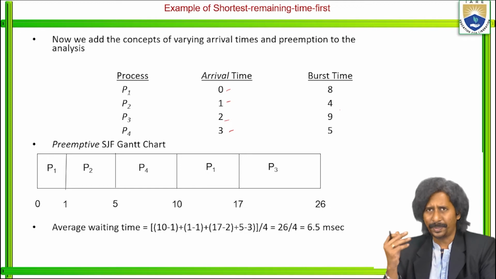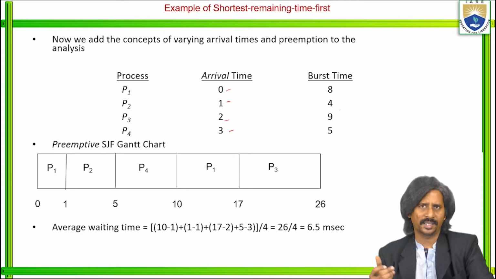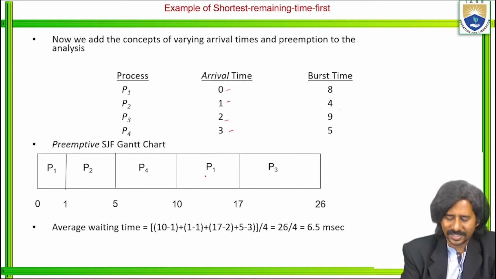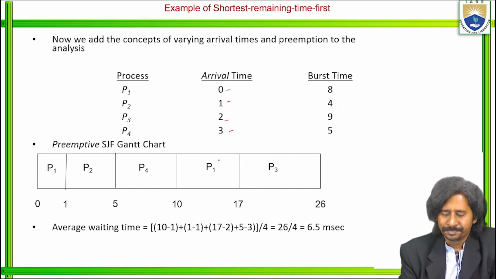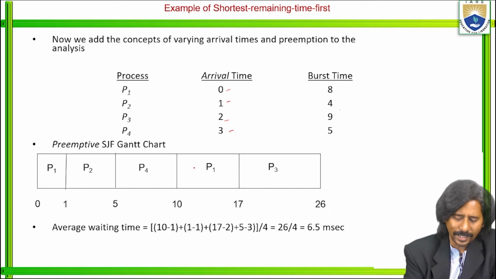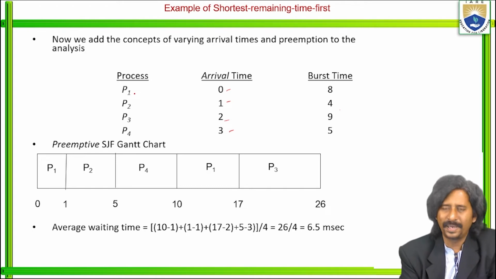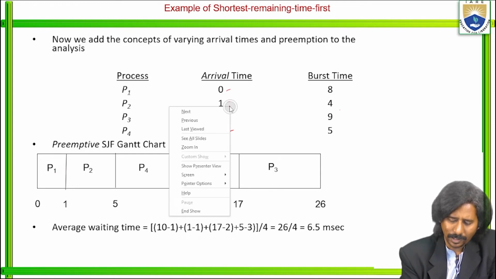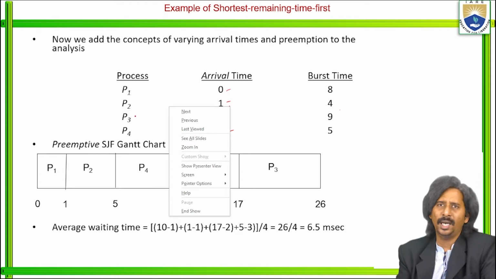Now we need to prepare the Gantt chart for this SRTF. So the preemptive SJF Gantt chart is: initially process P1 enters the queue. After 1 millisecond, process P2 enters the queue.